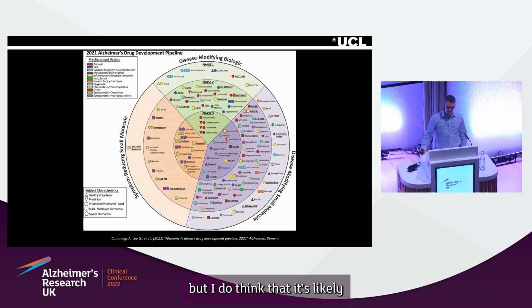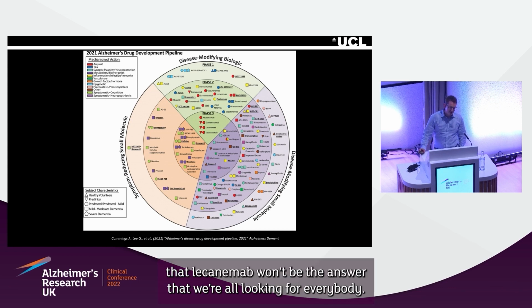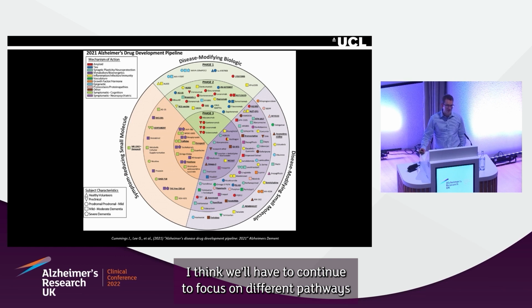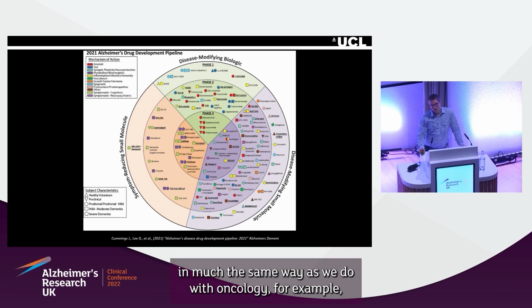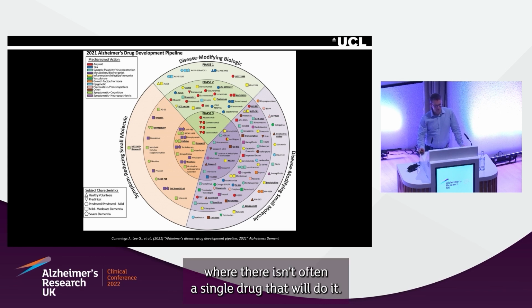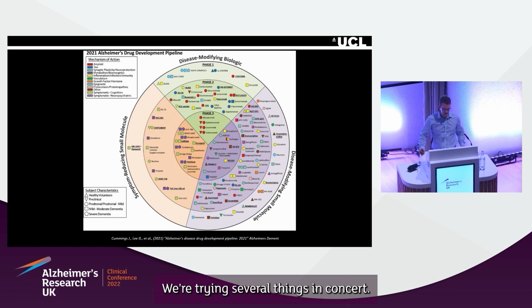But I do think that it's likely that lecanemab won't be the answer that we're all looking for for everybody, and I think we'll have to continue to focus on different pathways to treat people with Alzheimer's disease in much the same way as we do with oncology, for example, where there isn't often a single drug that will do it. We're trying several things in concert.